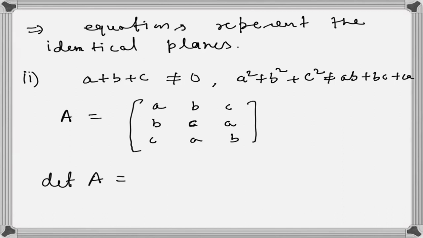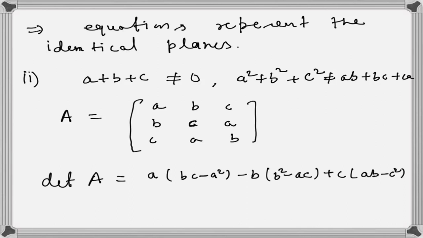Determinant of A is nothing but a times (bc minus a square) minus b times (b square minus ac) plus c times (ab minus c square). So this is nothing but 3abc minus a cube minus b cube minus c cube.